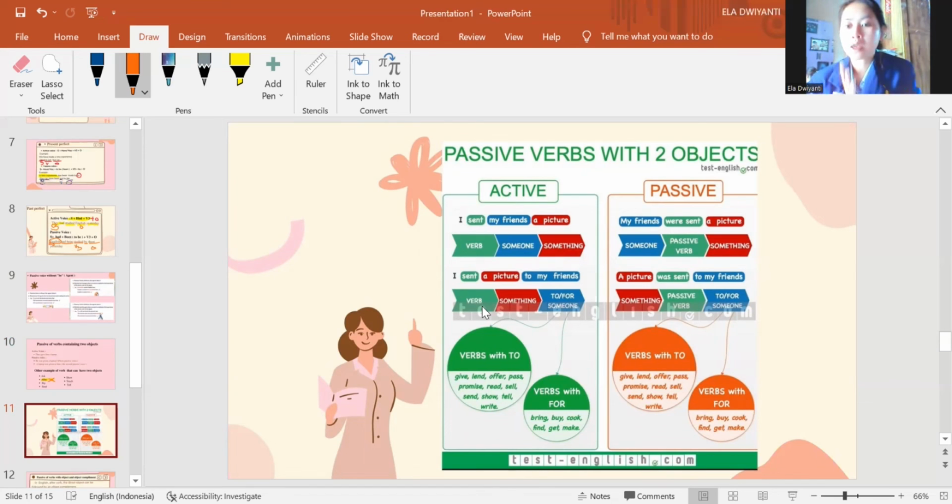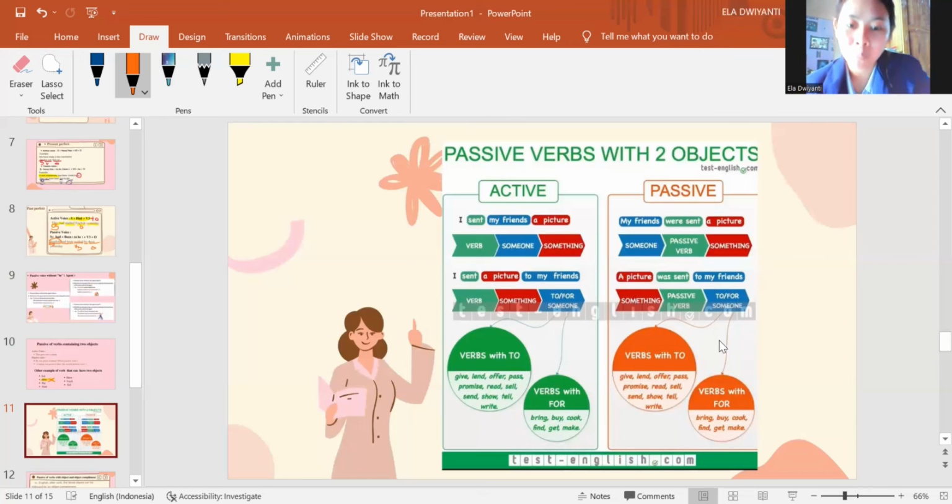"A picture was sent to my friend." In the active voice, send is the verb, a picture is something, and to my friend is to or for someone. Same as the active voice, in the passive voice a picture is something, was sent is the passive verb, and to my friend is to or for someone.